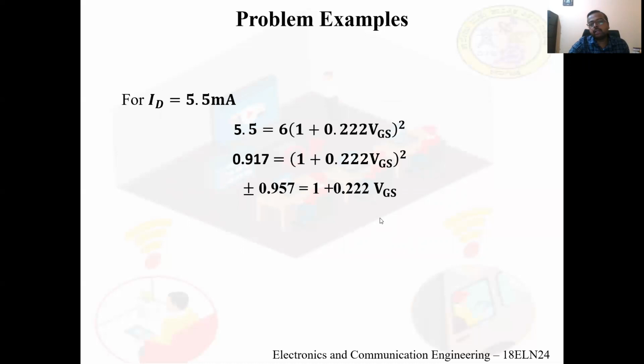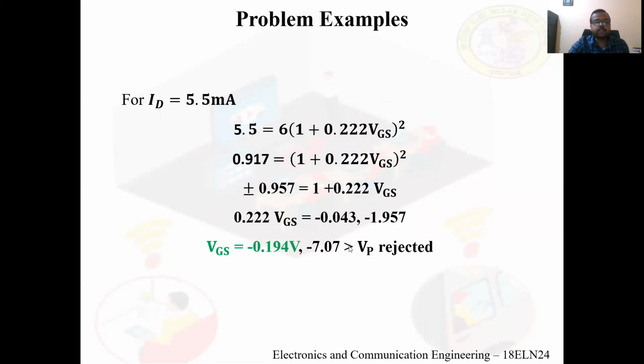Now take the 1 to the other side, and you get two values: minus 0.043 and minus 1.957. Dividing these by 0.222, you get VGS as minus 0.194 volts, and the other value is minus 7.07, and this value beyond the pinch off is rejected here.